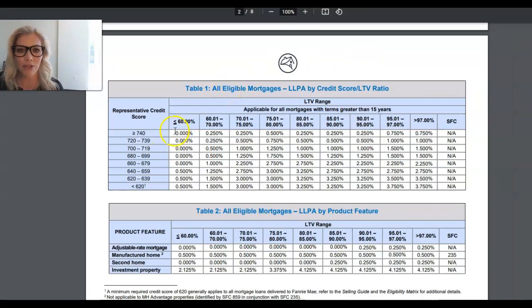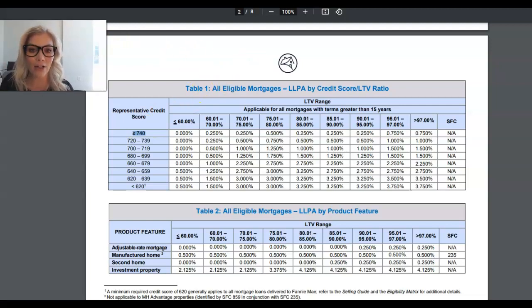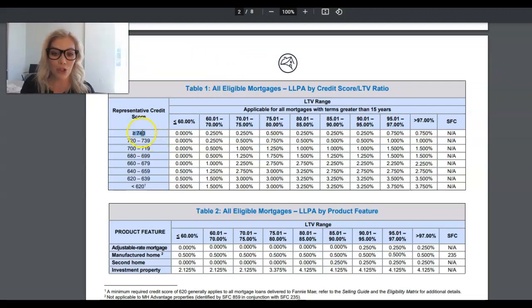This is the first one I go to because it's the most common. If you have a 740 or above FICO score, that's going to put you in the top tier. It doesn't matter if you have an 800 or a 740. There's no brownie points for the 800. It's going to be the top tier.